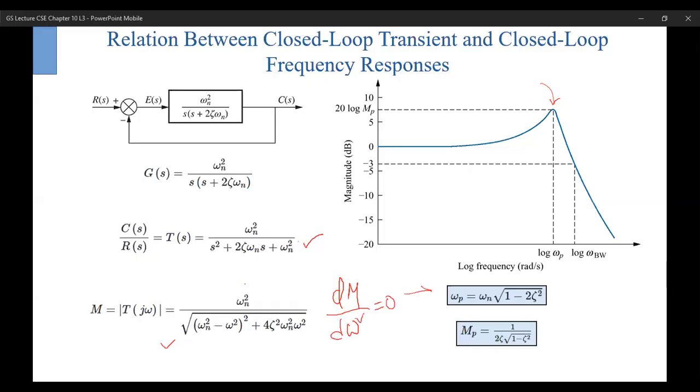That will give us this condition. Omega peak is sometimes also known as resonance frequency. Now if you put this value into this equation, then we find the maximum value of the peak. Mp is 1 by twice zeta root over 1 minus zeta square.